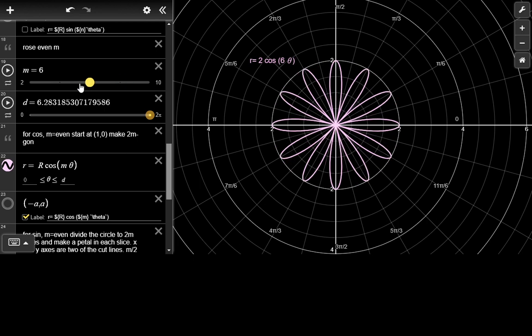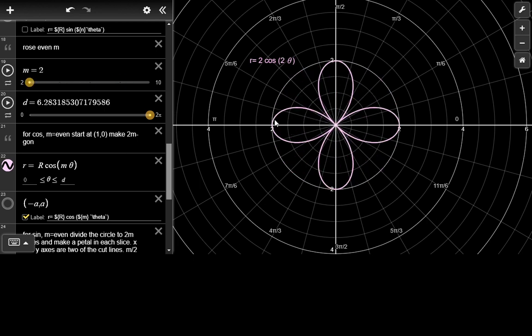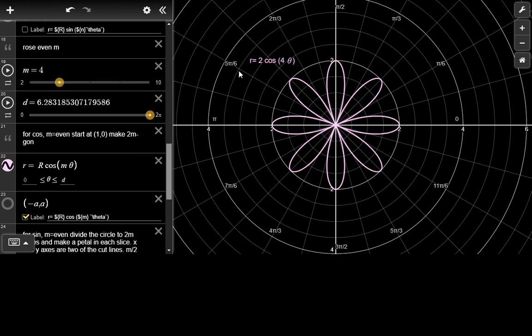So the number of petals is twice as many as the multiple here. So here I have 4 theta, I have 8 petals, and so on.